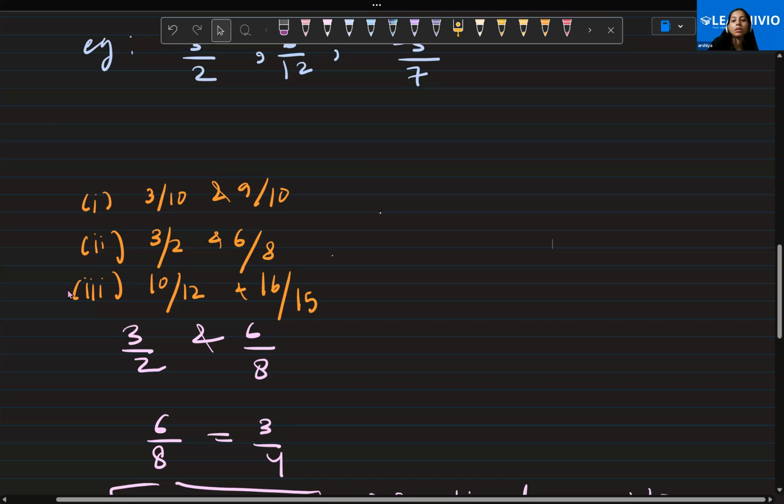Okay. Can you show me your calculations, the LCM part? Not an issue, I'll understand. Just show me where you found it. Have you written 6? It's 16. In the LCM, you have written 6 instead of 16.